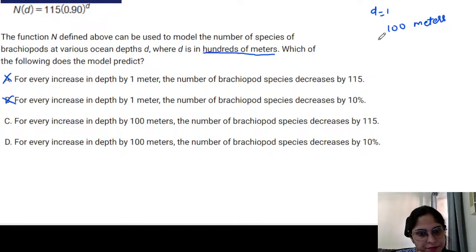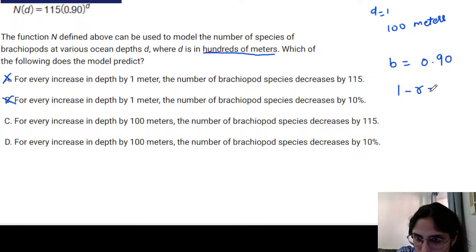Alright? And your factor is 0.9. So that means you are decreasing, right? And decreasing, it should be equal to 1 minus r over 100. That should be 0.9.